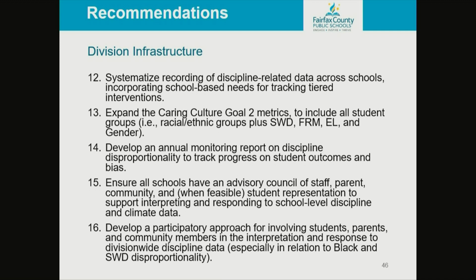Then develop an annual monitoring report on discipline disproportionality to ensure we continue to track progress on student outcomes and bias. Ensure all of our schools have an advisory council of staff, parent, and community, and whenever feasible, student representation to support interpreting and responding to school-level discipline and climate data.